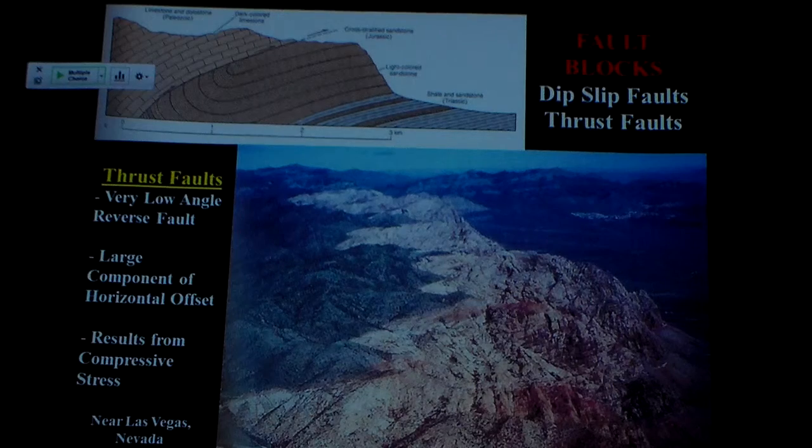There are special cases here. That works as long as I'm at 45 degrees. But what happens if it's a really shallow angle? Instead of being 45 degrees, it's more like this, it's more flat.